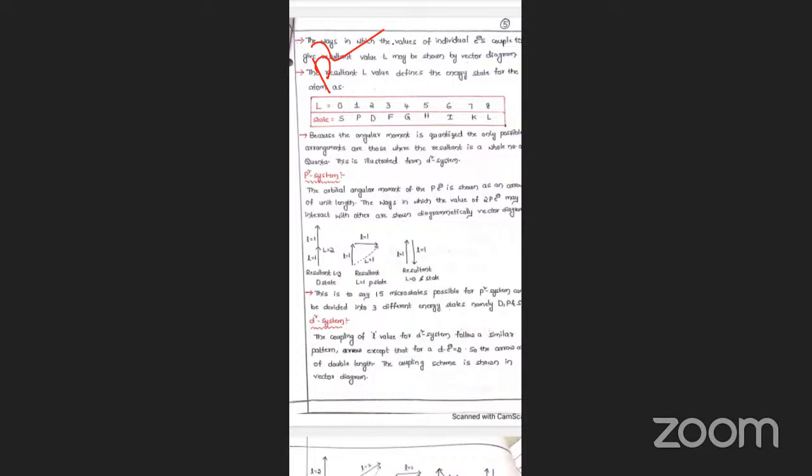We can find the L value, which means the total orbital angular momentum. How to find that? L is equal to L1 plus L2, L1 plus L2 minus 1, L1 plus L2 minus 2. This is the equation. What about L1? L1 is equal to 1.